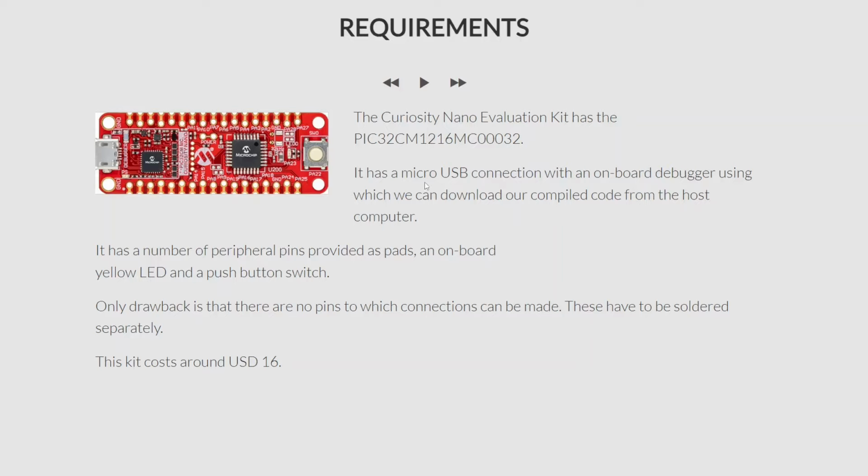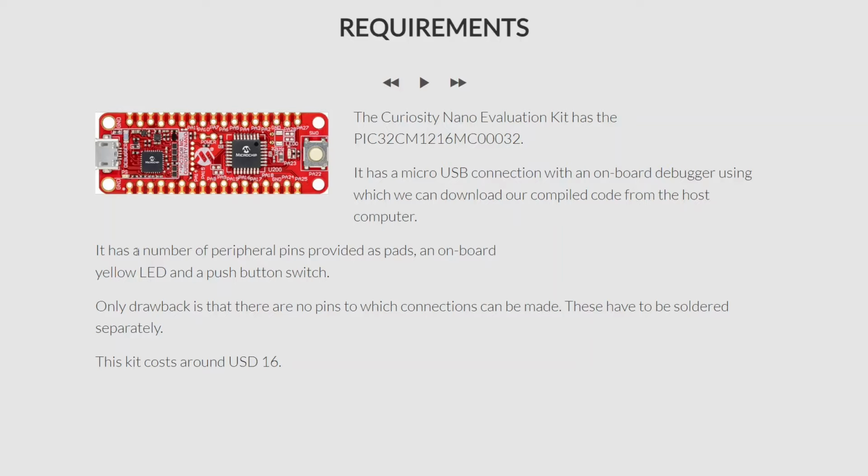So with this we can now connect the kit to our host computer. We can write code on the host computer using MPLAB X IDE. We can compile our code and we can download our code onto the microcontroller using this USB connection. Right? So you do not need to buy any other debugger. You may need to buy the USB cable once we see the actual requirement.